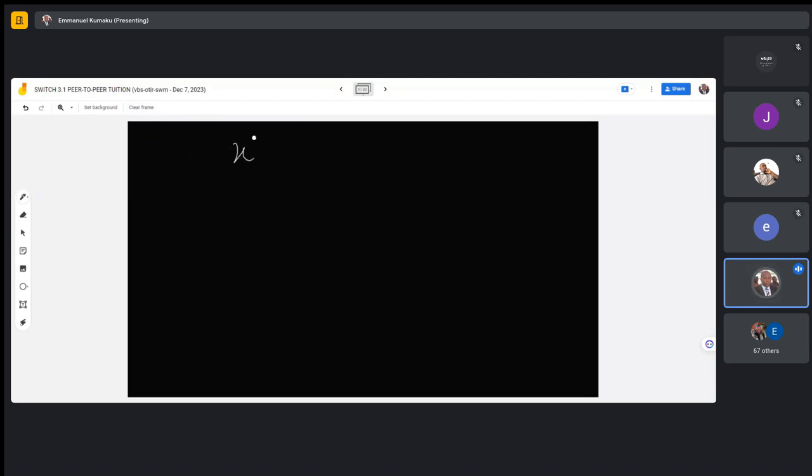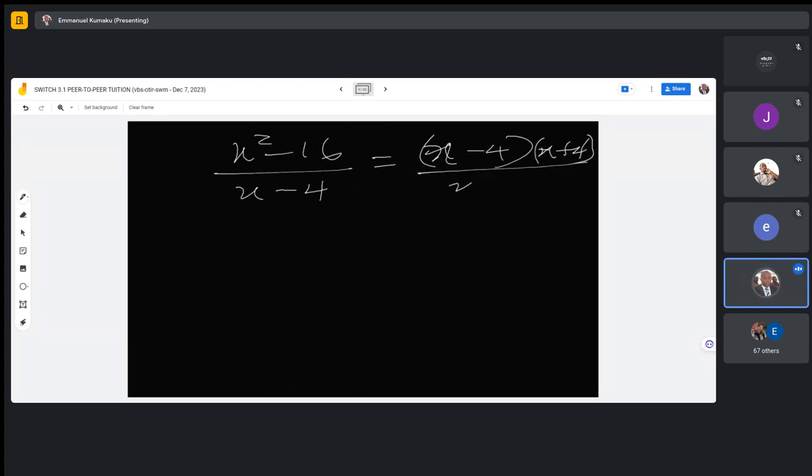It is x squared minus 16 over x minus 4, which is x minus 4 times x plus 4 over x minus 4. So there's a common factor. When you take this one out, there is no longer a denominator, so there is no VA.